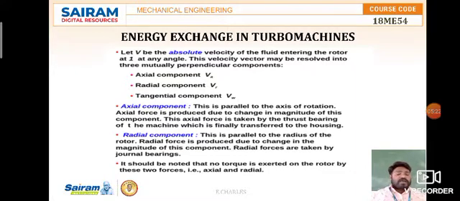If the velocity component is parallel to the axis of rotation, that component is the axial component. Axial force is produced due to a change in the magnitude of this component. This axial force is taken by the thrust bearing of the machine, and is finally transferred to the housing.